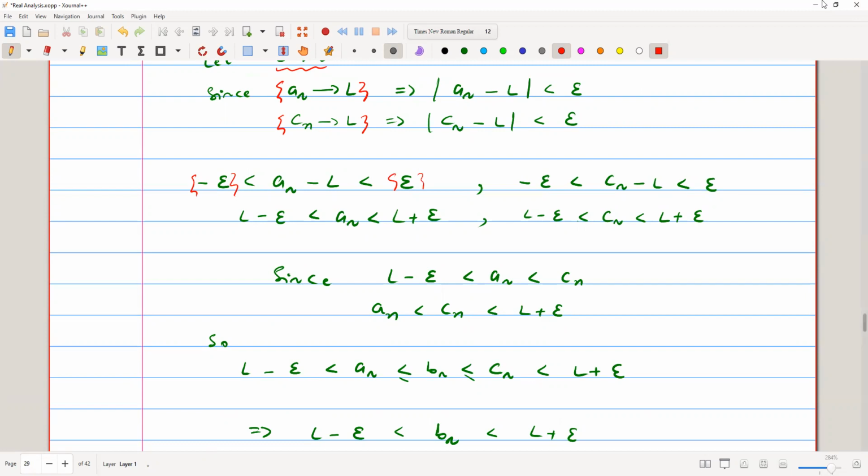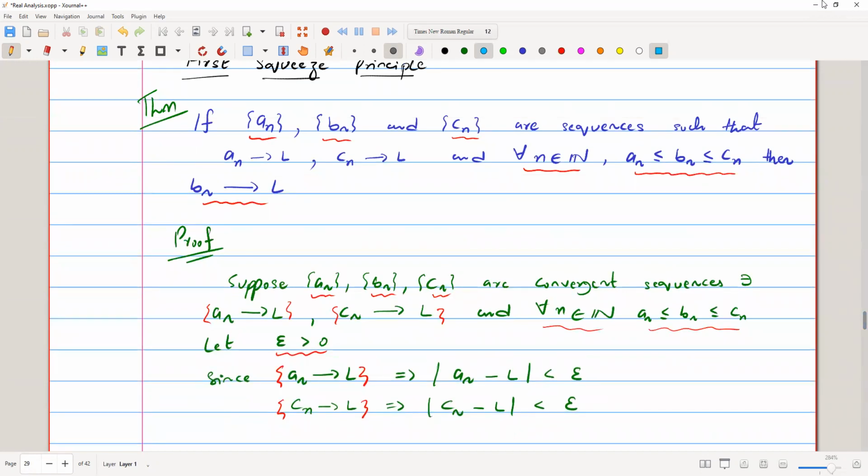Again, if we add L on all three sides, L minus epsilon is less than An, which is less than L plus epsilon. Similarly for Cn, we can do the same thing. Therefore, now An is greater than L minus epsilon. From here, we can see that An is greater than L minus epsilon. And again, An is less than Cn, because here we are taking that Bn is greater than or equal to An, and Bn is less than or equal to Cn.